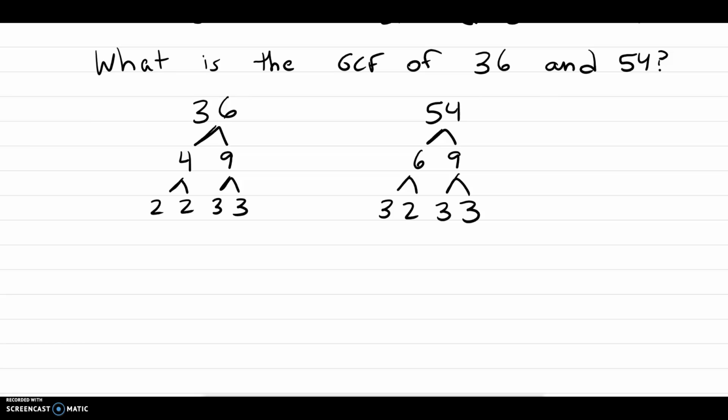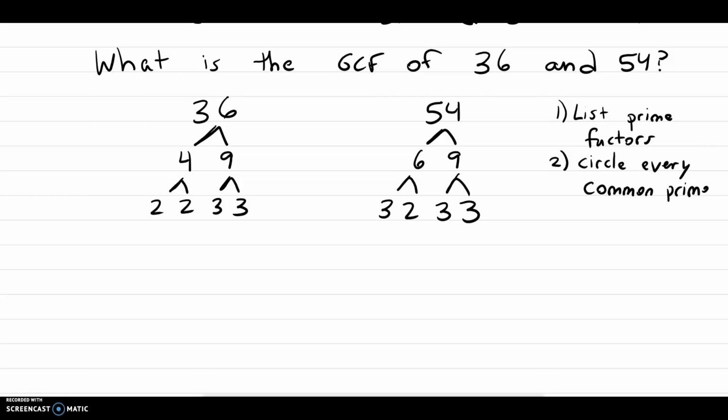So we're going to follow a couple steps just like we did for the least common multiple video. The first thing you want to do is list your prime factors. Then you're going to circle every common prime factor.